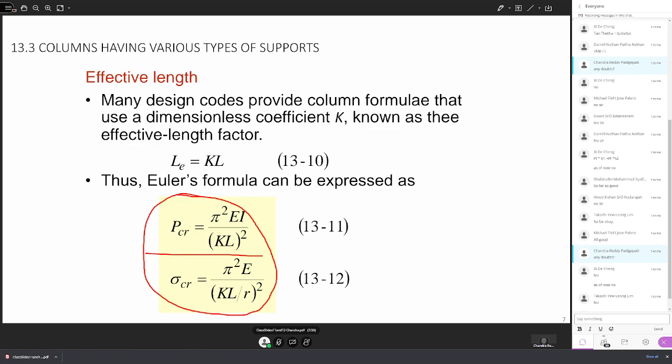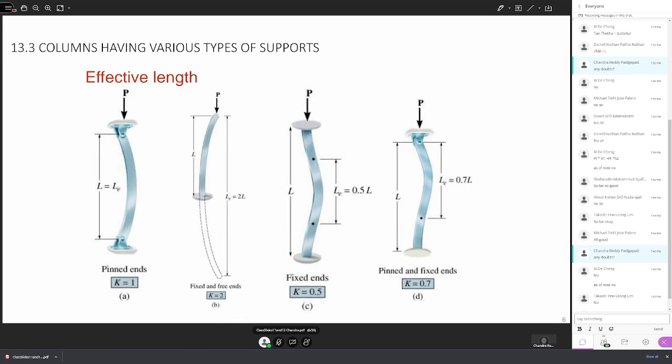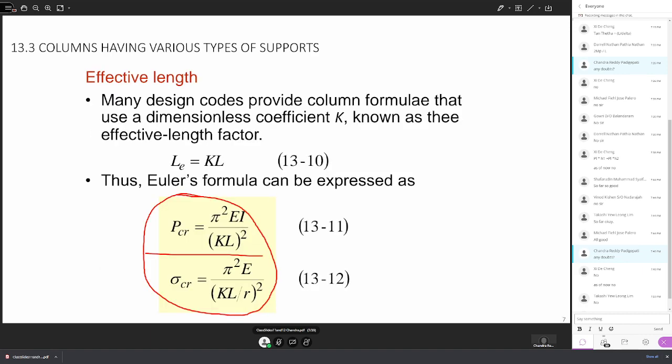K you can understand from the description of the effective length, how the column is connected. Based on that, you can use this formula to find out at what critical load the column can buckle. Otherwise, you can also calculate what the critical stress will be when the column is about to buckle. Both these equations are useful only when the load is acting exactly at the mass center of the column's cross-sectional area.